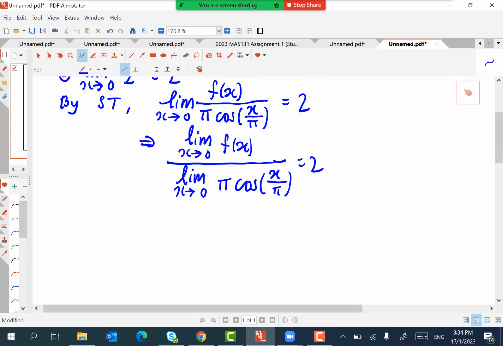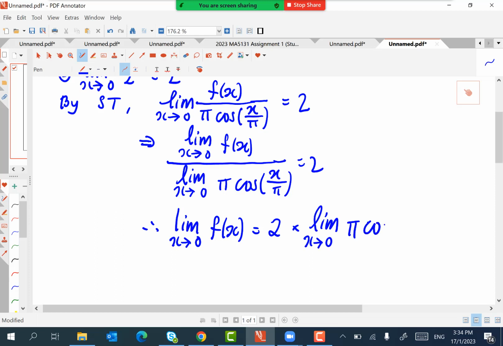So therefore, this gives you 2 times pi times cos 0, which is equal to 2 pi. Okay, that's question 2.